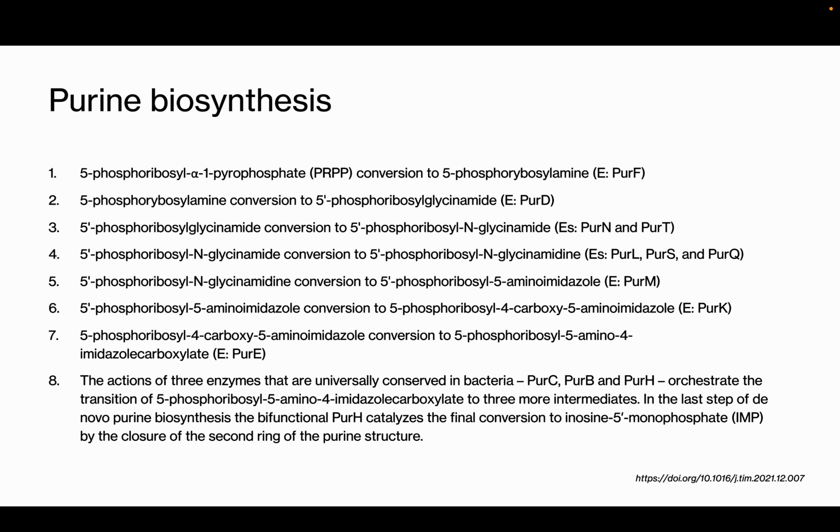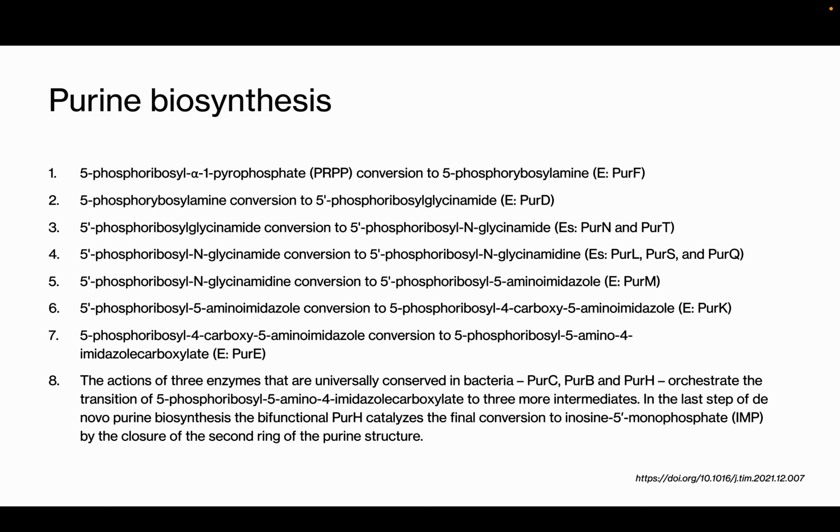Some important things that I just want to emphasize: from steps 2 to 7 there are multiple conversions that take place. Take note of the enzymes that are involved, the ones in parentheses.